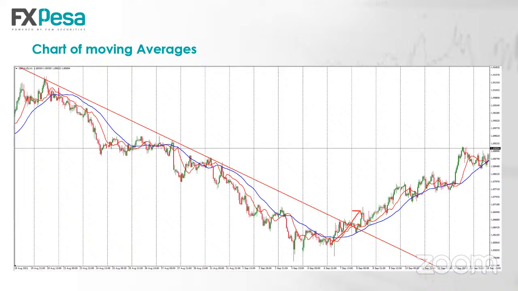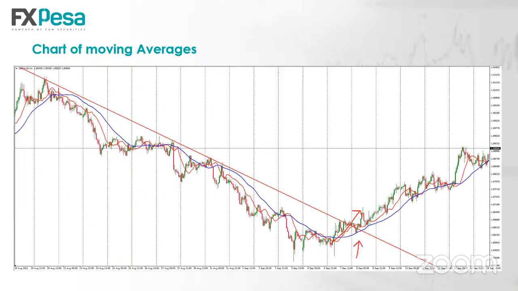You want to get another support on the idea of buying, such that the momentum is increasing to the upside. So you have the break of the trend to the upside, moving average pointing to the upside, price above all the 3, but also you want to see that the momentum to the upside has increased.